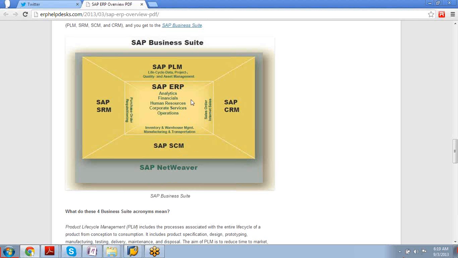Okay, so you take this diagram saying SAP Business Suite with ERP in the center. You can see all our modules here: analytics, financials, operations, corporate services, sales order, inventory. All these are ERP driven, and without ERP, CRM cannot exist.